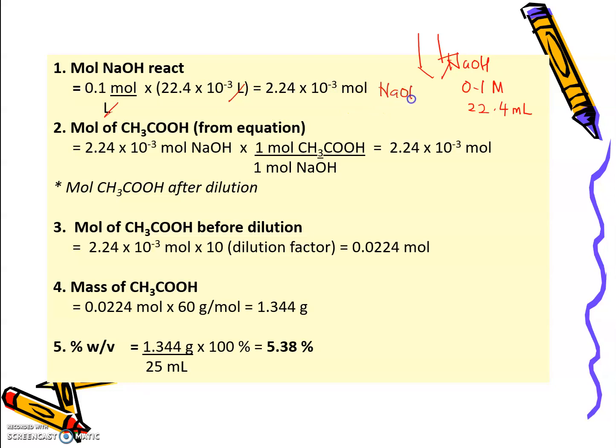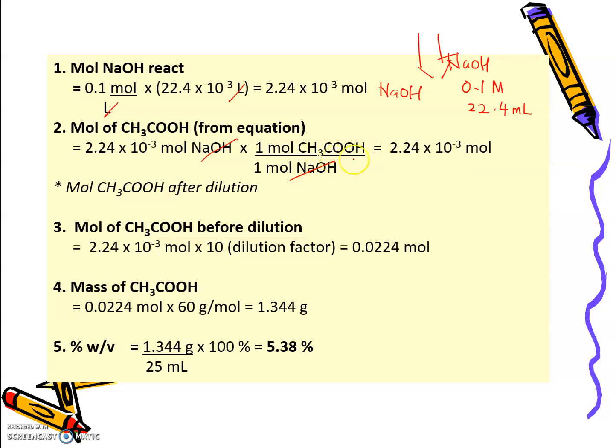So to find moles of acetic acid, we compare from the equation. Since 1 mole of acetic acid equals 1 mole of sodium hydroxide, we multiply by the moles of sodium hydroxide, so we cancel moles of sodium hydroxide to get moles of acetic acid.